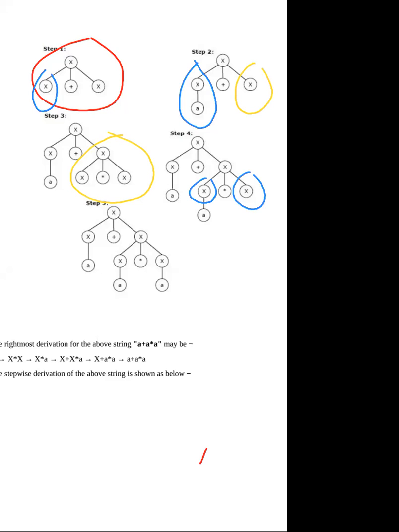The leftmost X, because in this case this red color one is the leftmost X. Replace this X by A, and finally we replace that last X, because it is not left or right, there is only one X left. So finally we got this string, this tree, the derivation tree.